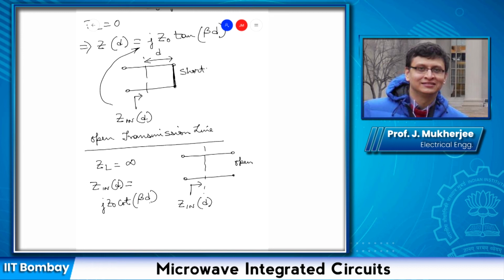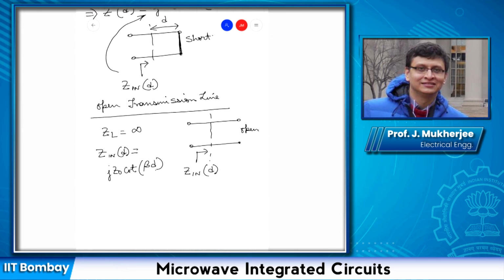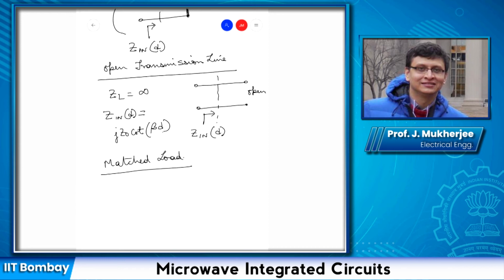Okay. And one more special case is when we have what we call a matched load. For a matched load, we have ZL equal to Z0. So the load is the same as the characteristic impedance.